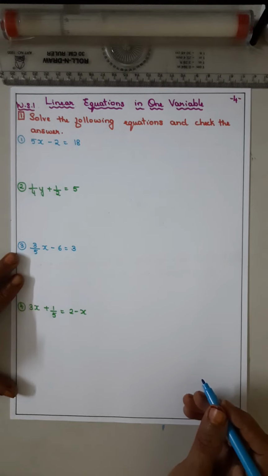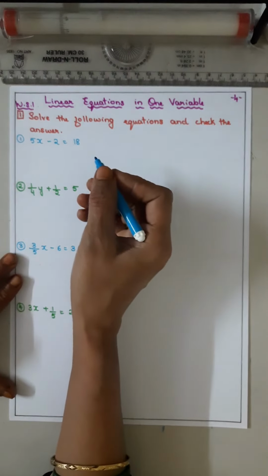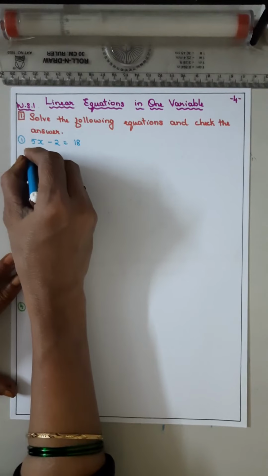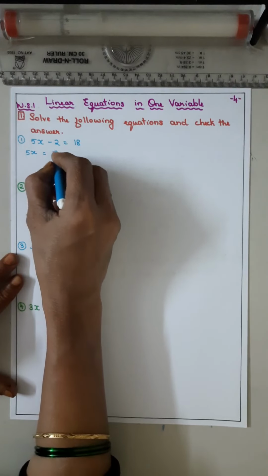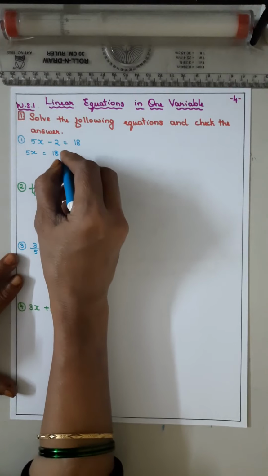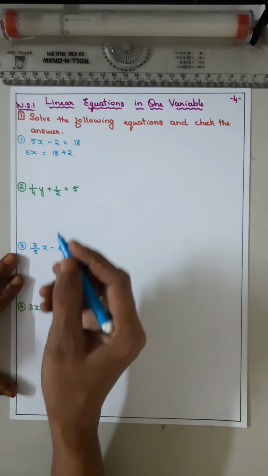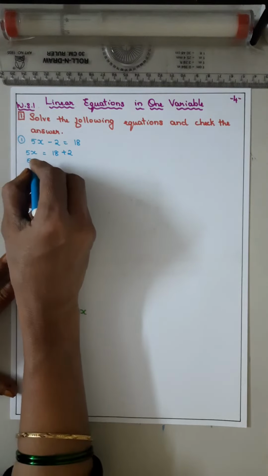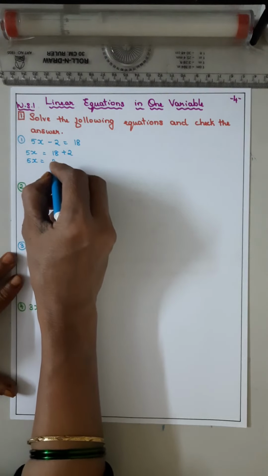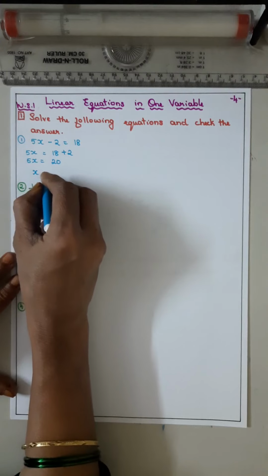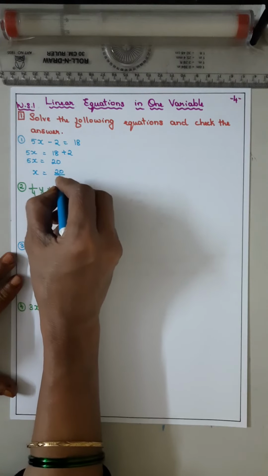Now 5x minus 2 is equal to 18. So 5x, keep it to the left, and 18 plus 2: minus 2 becomes plus 2. So 5x is equal to 18 plus 2 is 20. So x is equal to 20 by 5.